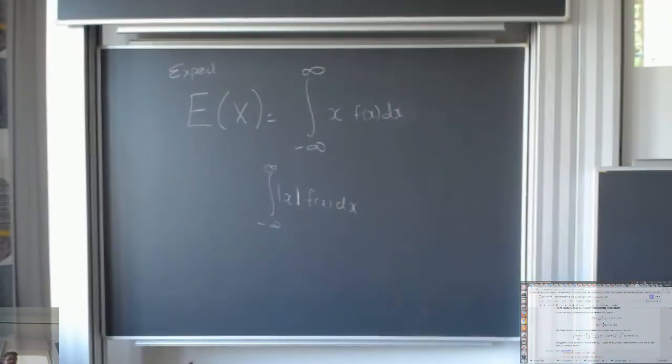Then the integral is well defined and the expectation exists. So for Cauchy it doesn't. The point is you can have random variables that will have undefined expectations.